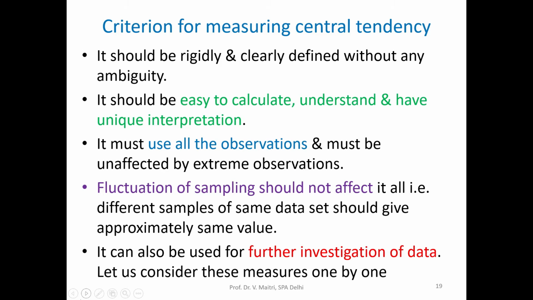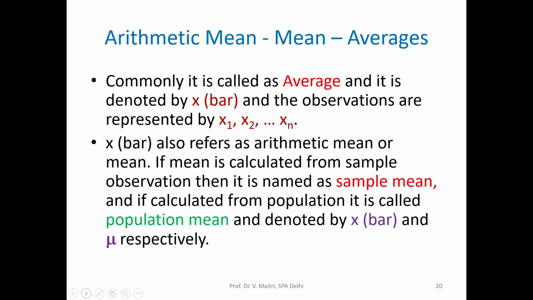But mind it, that is if it is homogeneous. If it is heterogeneous, then it will give different values. It can be used for further investigation. That is, if we want to do more mathematical operations to generate something more, we should be able to do that. So let's see one by one.